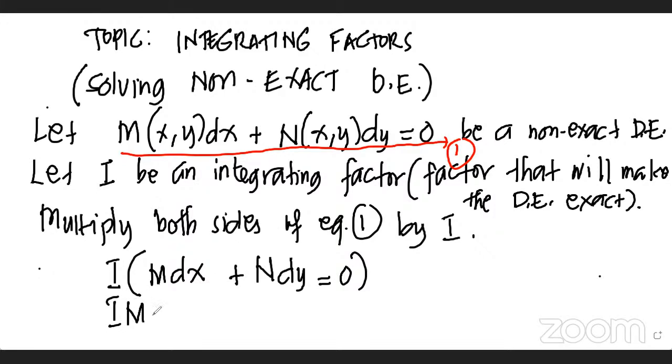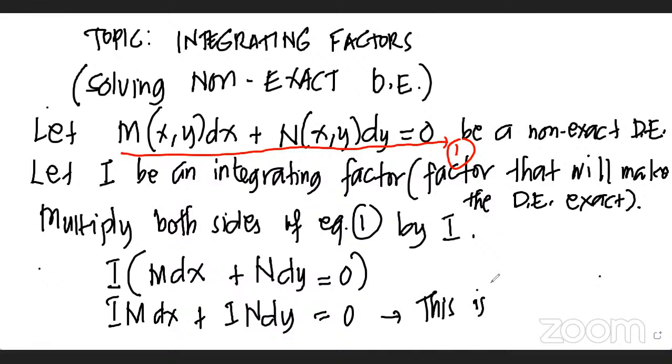So I times M dx plus I times N dy equals I times 0 is 0. So ibig sabihin, this DE is now exact.